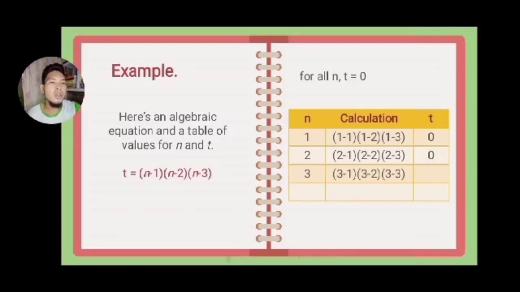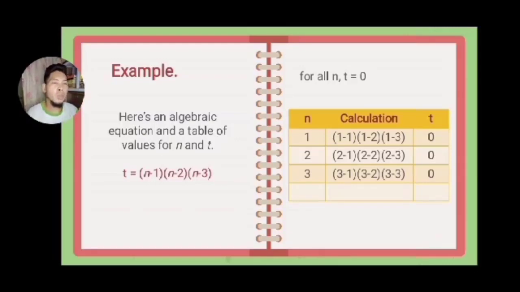Also in 3, we will do the same. The result also is 0. So for these calculations, we can say that the conjecture above the table is true.